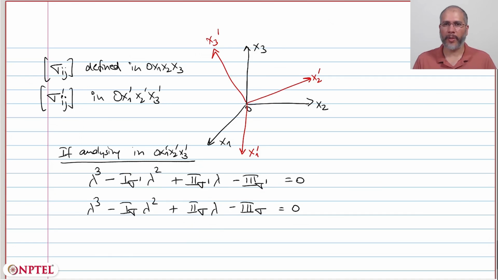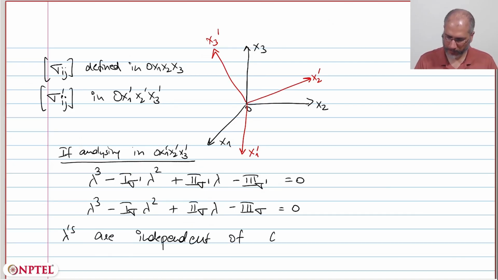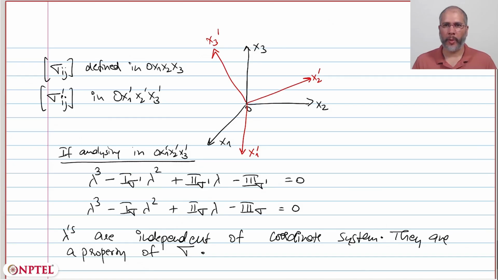So what we have found out is something very interesting. So let's summarize that by writing it. So any coordinate axis we choose, we get the same eigenvalues. So eigenvalues, lambdas, are independent of the coordinate system. They are a property purely of the physical quantity sigma.